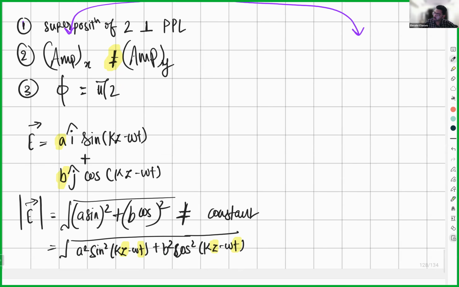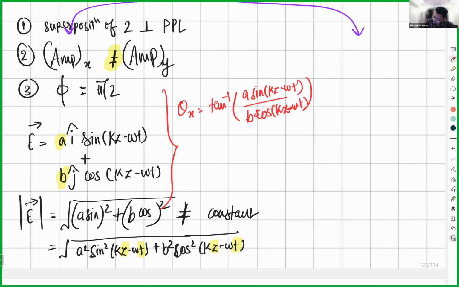So if this electric field is not a constant and I have a similar kind of rotation, here also you'll have a similar kind of rotation, because if I find a theta x over here, it will be tan inverse of Ey by Ex, which will be A sine kz minus omega t by B cos kz minus omega t.